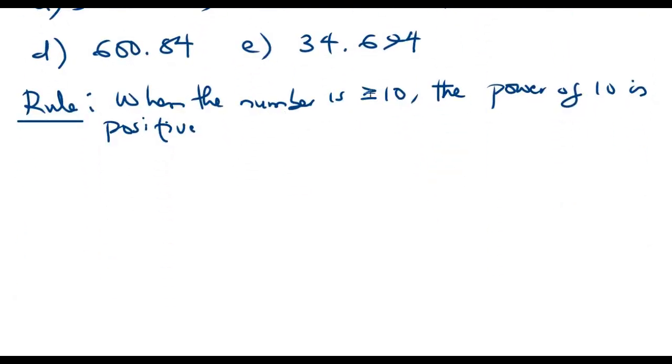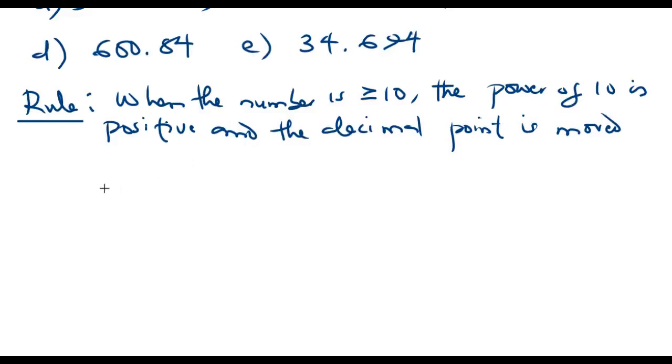When the number is greater than or equal to 10, the power of 10 in that scientific notation is positive, and the decimal point is moved to the left. Are we together?